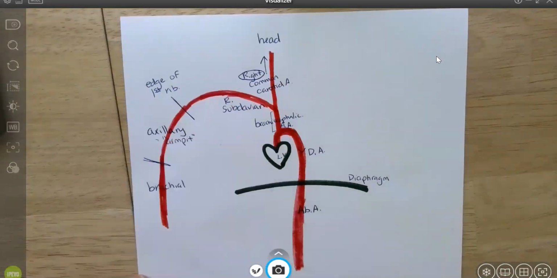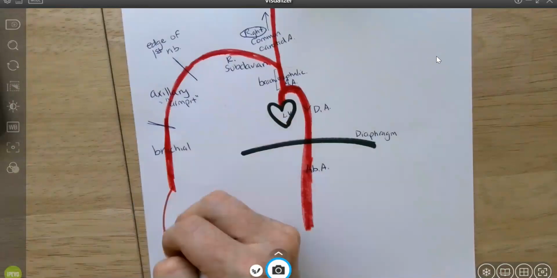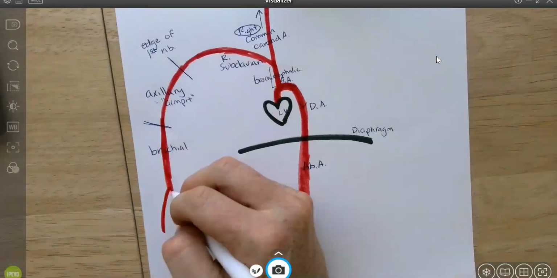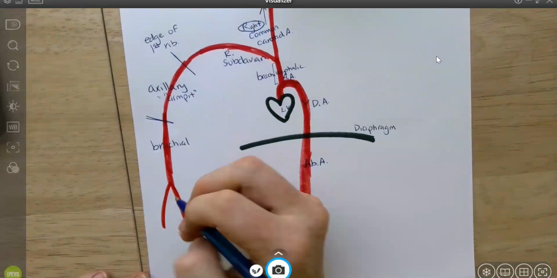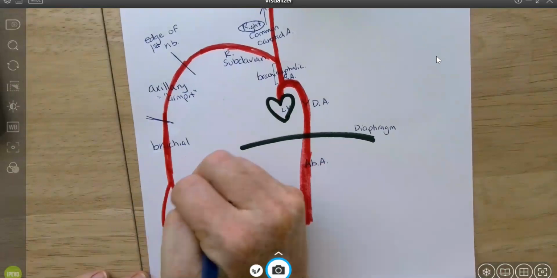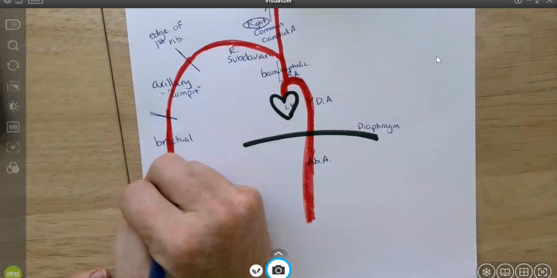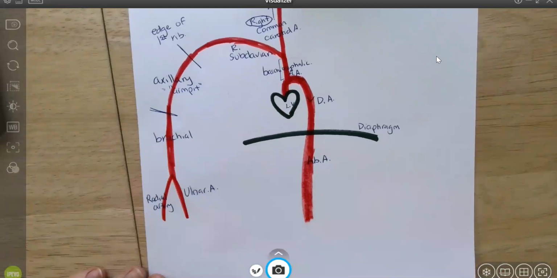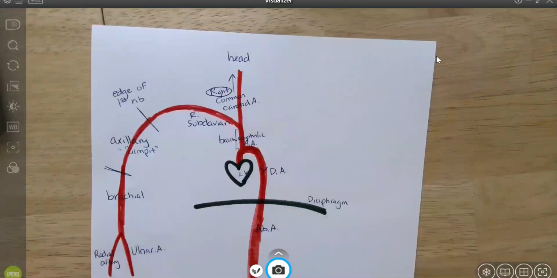And the brachial artery then splits, so it'll run down the humerus, and then once it gets down past that into the radius and ulna, the medial one is going to be the ulnar artery, and the lateral one will be the radial artery, and then that'll go down into the hands. Okay, so that's the first branch of the aortic arch.